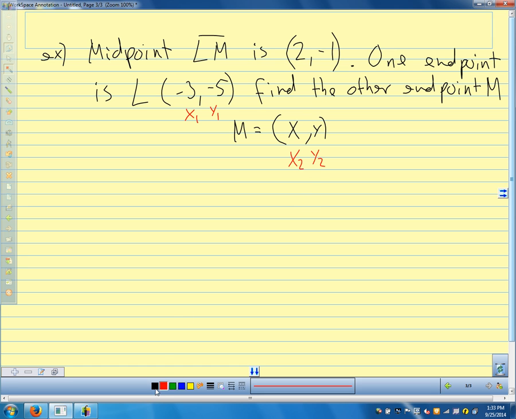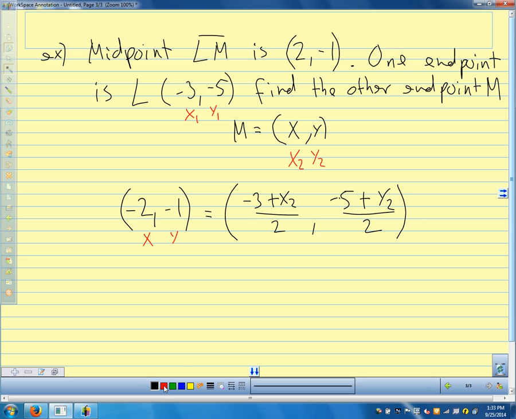And then I'm going to say my midpoint, 2, negative 1, and remember this is my x coordinate and my y coordinate, equals x1 plus x2, negative 3 plus x2 over 2. And my y coordinate of my midpoint is y1 plus y2, negative 5 plus y2 over 2.